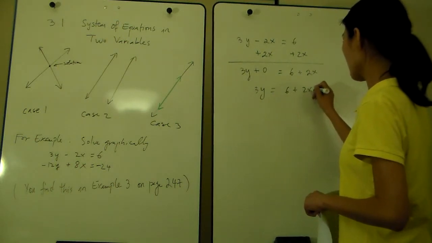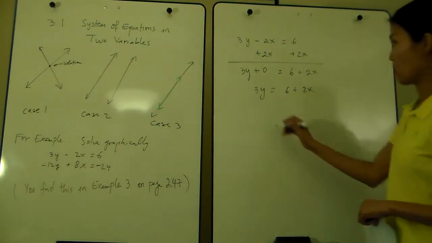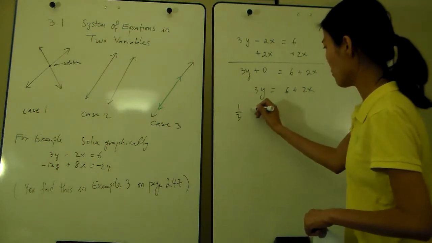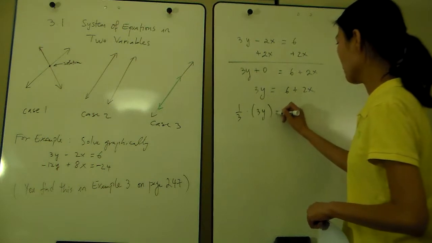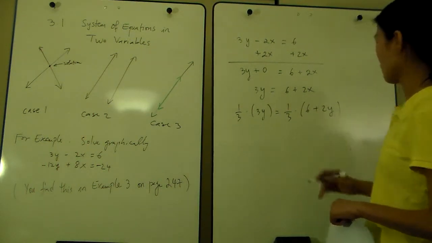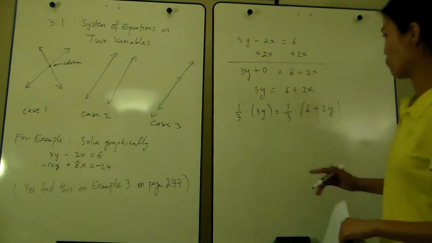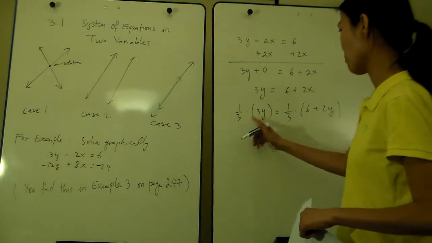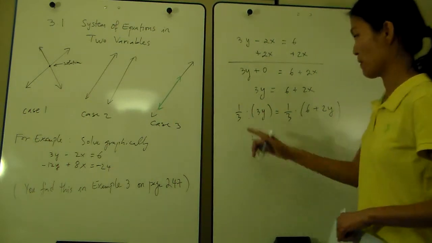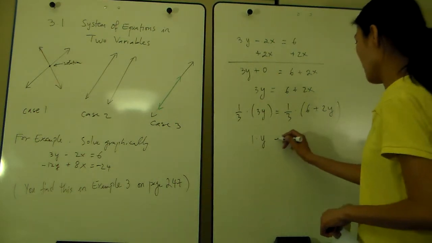6 plus 2x. Simplify by dividing both sides by 3 or multiply 1/3 on both sides. Then we multiply that 1/3 times 3 is 1 times y. Right? 3 divided by 3 is 1. 1 times y.